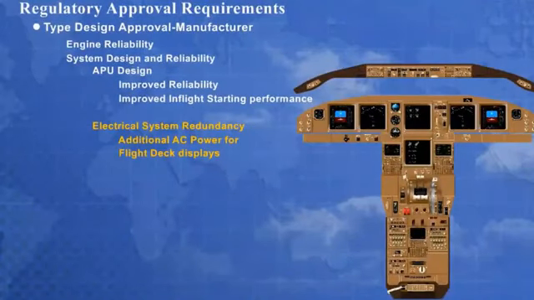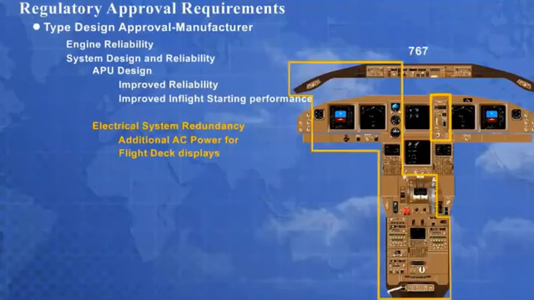These additional AC power sources can provide essential loads to flight deck equipment in the event of multiple primary generator failures. The highlighted flight deck equipment, for example, is available with the HMG as the only source of electrical power.